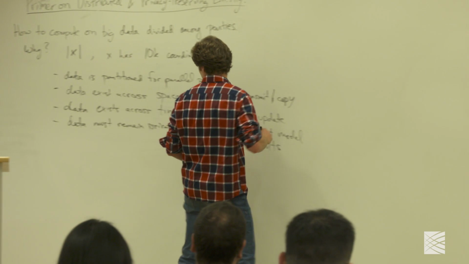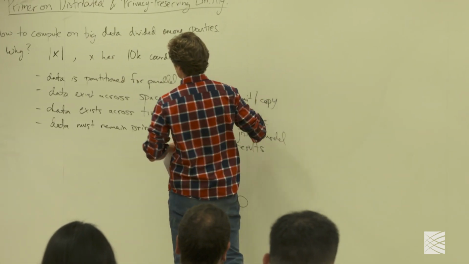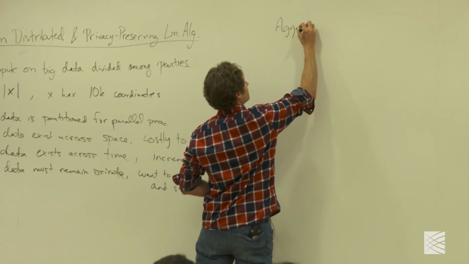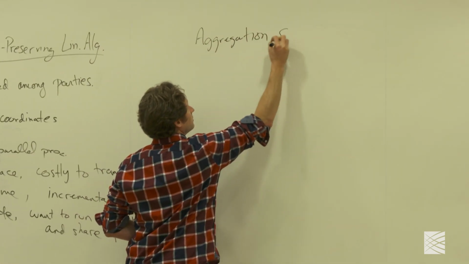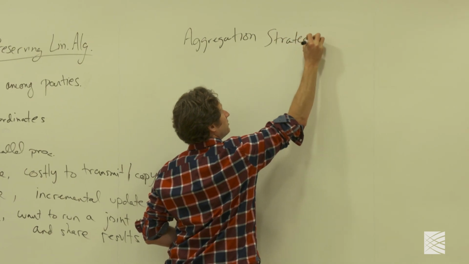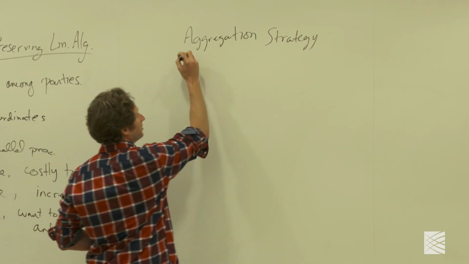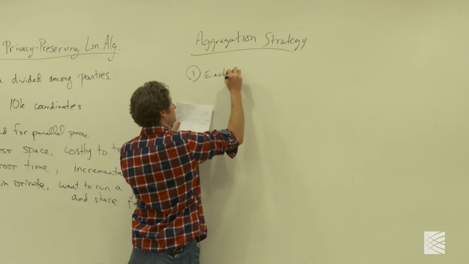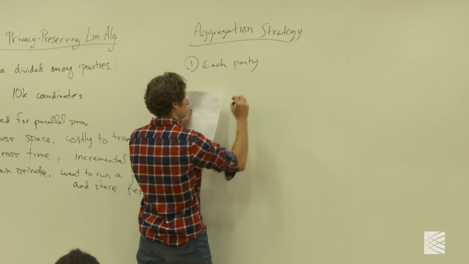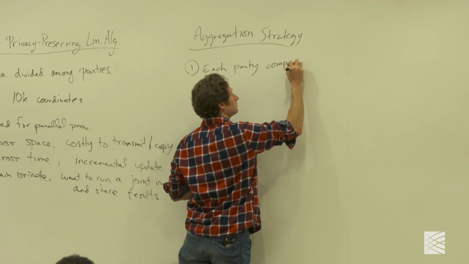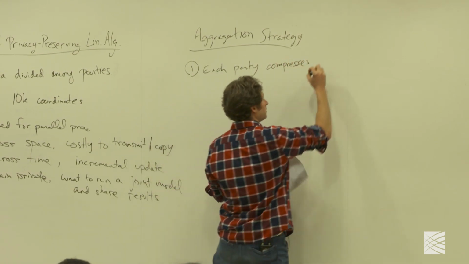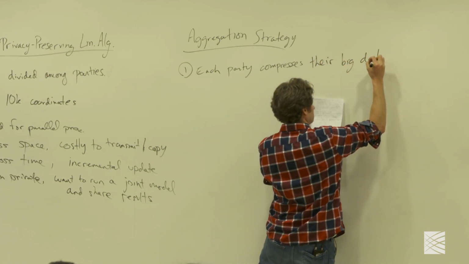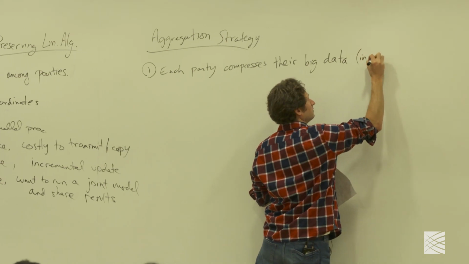What this suggests in all these situations is that the following strategy would be pretty useful. A kind of aggregation strategy that we just described in the room for computing the length of a vector, which is a two-stage algorithm. The first step is that each party compresses their big data, and that can be done in parallel, which is nice.